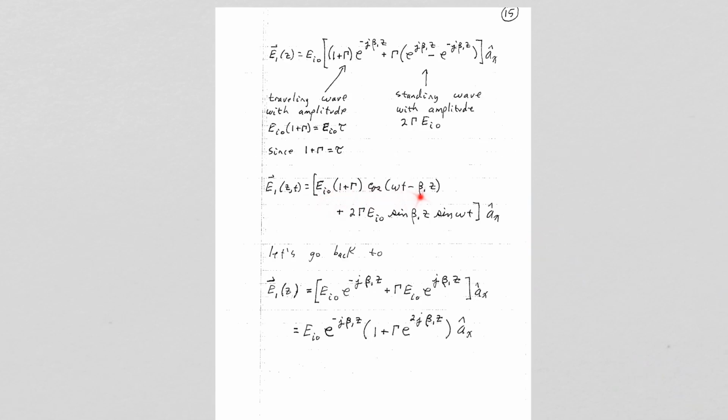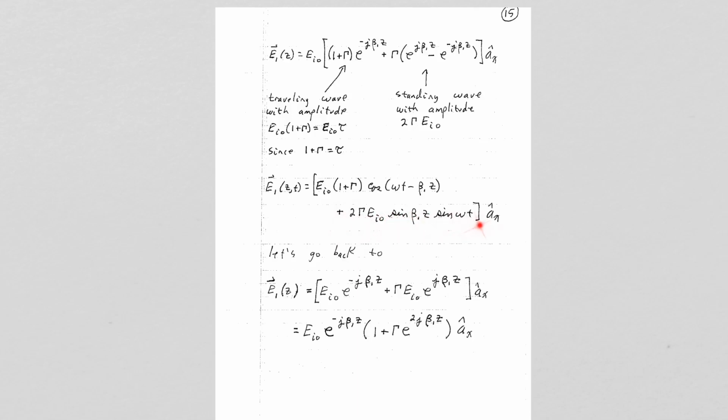So this first term is the part of the incident wave that is going to transmit into material 2. This second term is the resulting standing wave from the part of the incident wave that does not get transmitted into material 2 and the reflected wave.